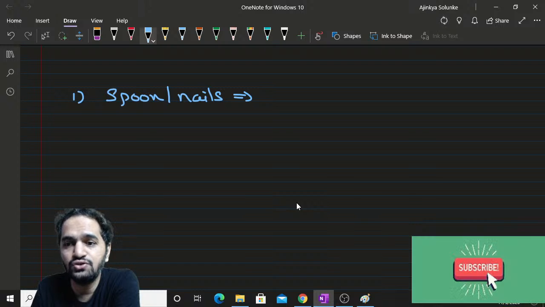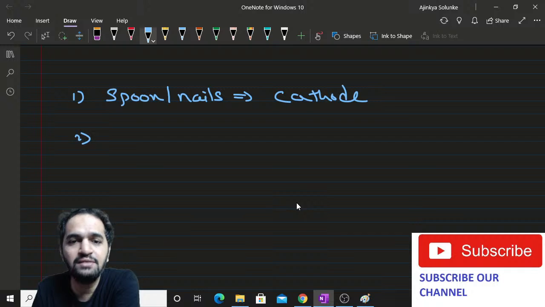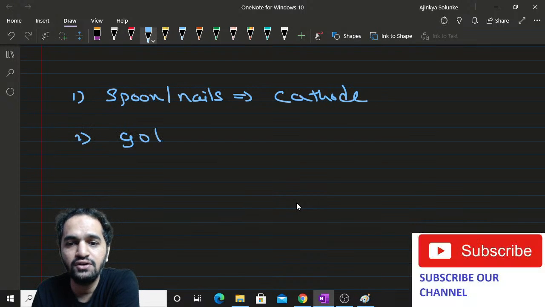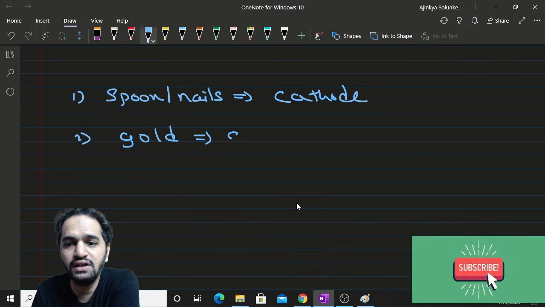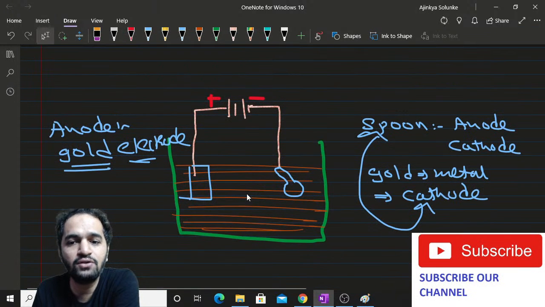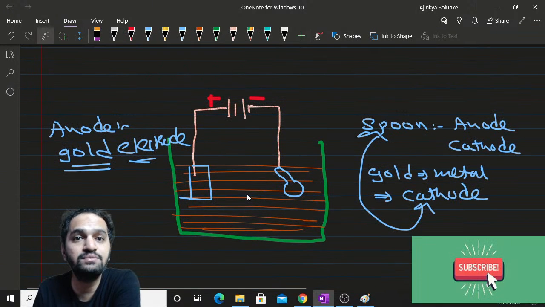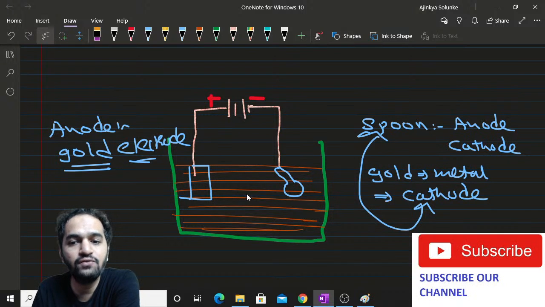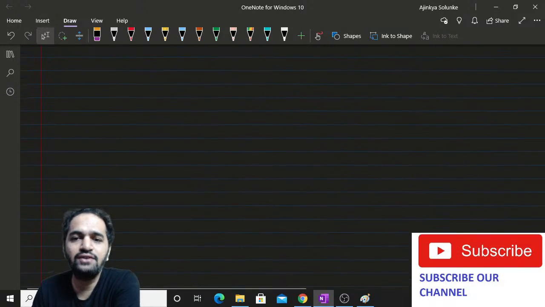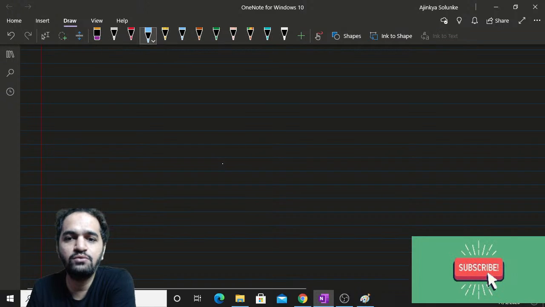So you attach the spoon to the cathode, and the gold has to be attached to the anode, so that gold will come out of the anode, dissociate inside the solution, and attach itself to the spoon. Now let us try to understand with one more example.